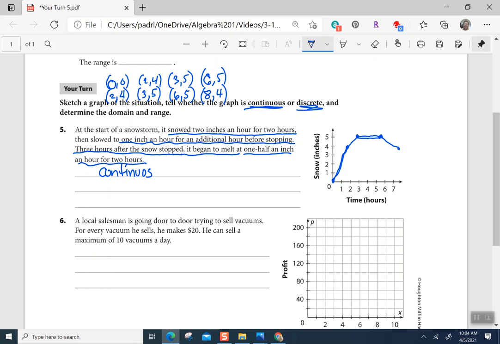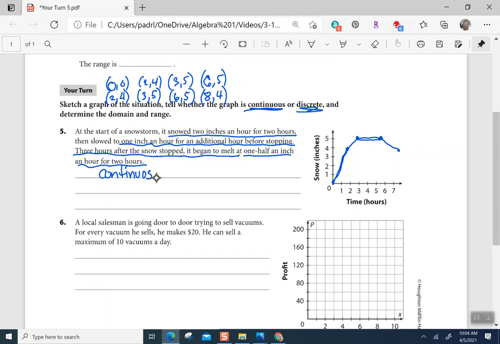Oh, I'm missing an O-U-S. Continuous. Okay, come on, eraser, work for me today. It's continuous.